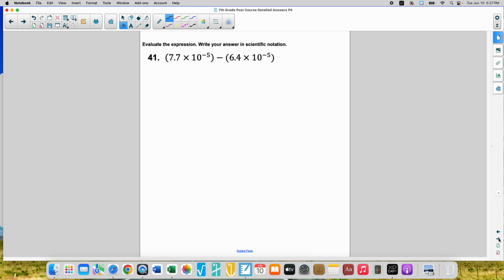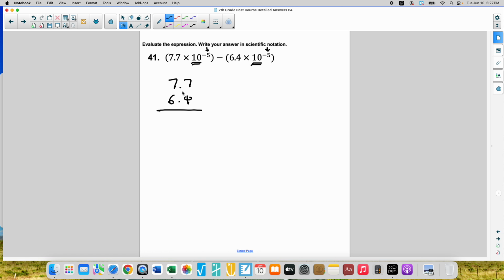So we have 7.7 times 10 to the negative 5 minus 6.4 times 10 to the negative 5. Since they are the same base, we are able to just subtract these two. Now that is only because we can align the decimal points only because they are the same exponent.